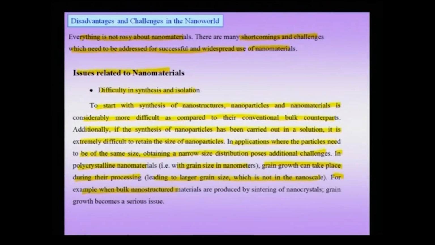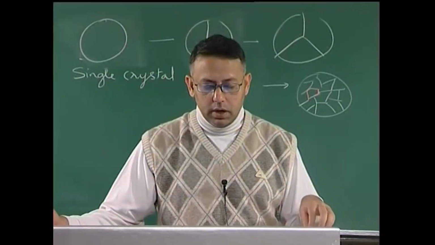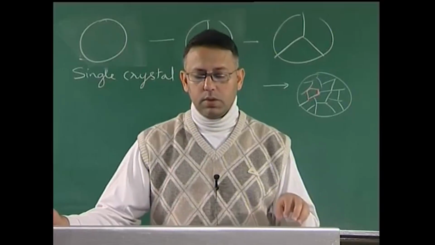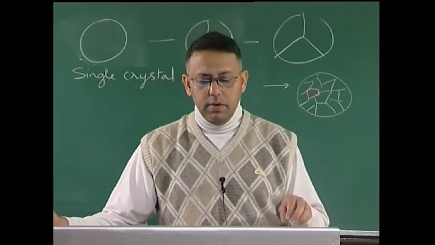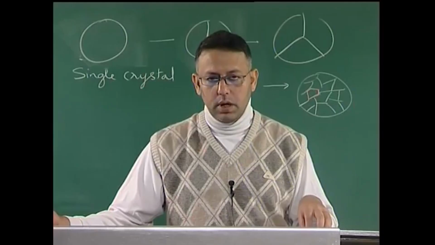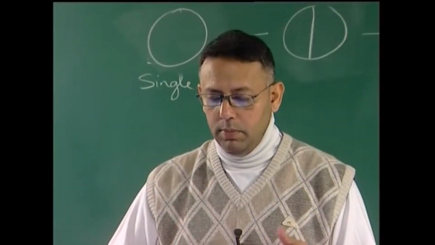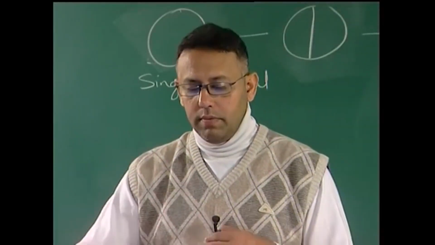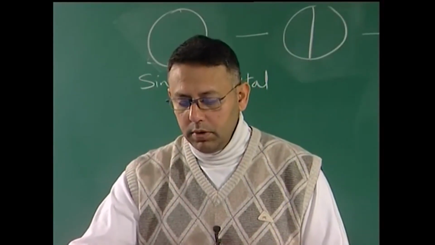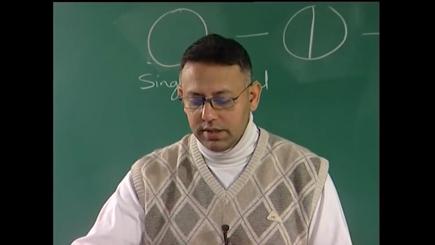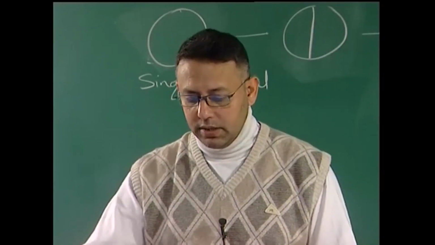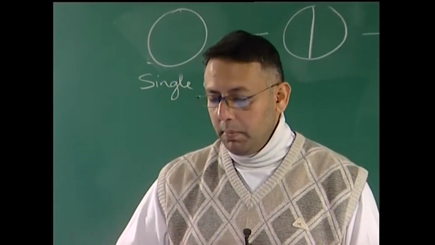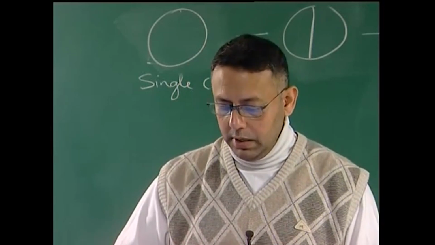For example, when bulk nanostructured materials are produced by sintering of nanocrystals, grain growth becomes a serious issue. There are many synthesis techniques, and alternate lectures may talk about them in this course, wherein I have not produced a bulk nanostructured material, but I have actually produced a powder which has either the grain size or the particle size in nanometers, and when I want to synthesize a bulk material out of this, I need to sinter the material.